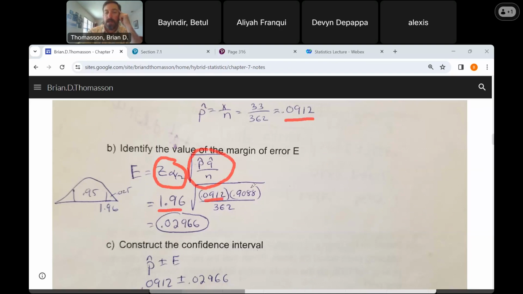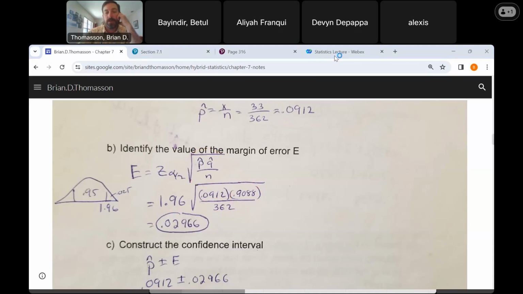Okay. And then we have this q hat, the 0.9088. That's just what's left over from 1, because the p hat and q hat have to total 1. Okay, so q hat is just 1 minus p hat. So those will total 1. And then our n is the 362 for the number that we sampled.